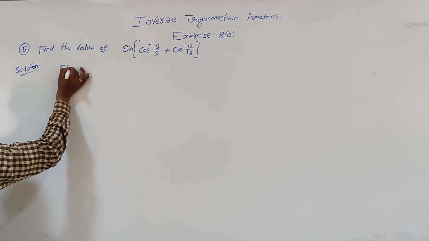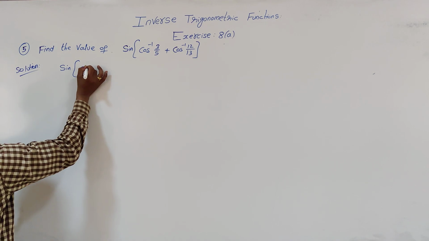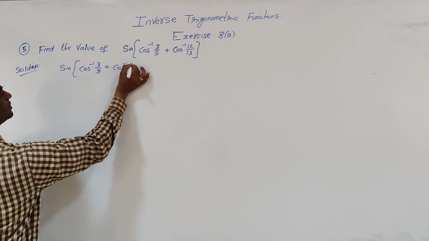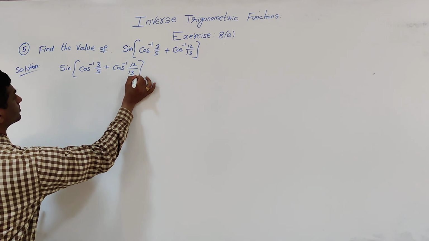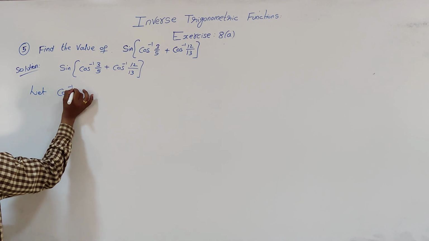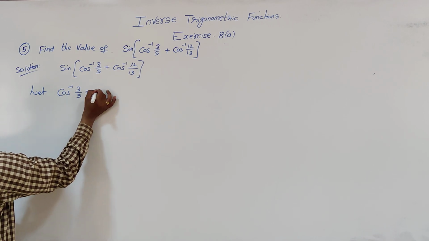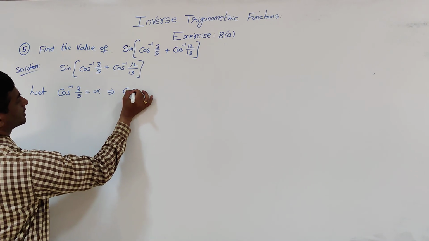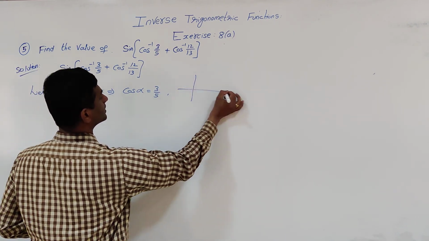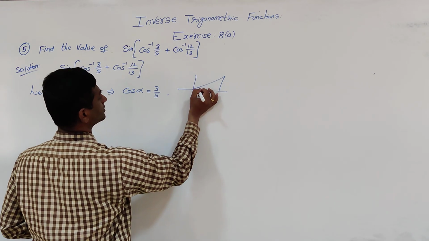So the given is sine of cos inverse of 3 by 5 plus cos inverse of 12 by 13. So let cos inverse of 3 by 5 be alpha, which implies cos alpha is 3 by 5. Now we go for one right angle triangle for alpha.